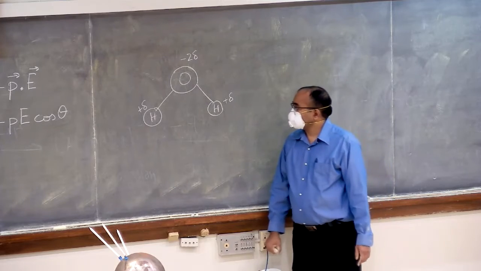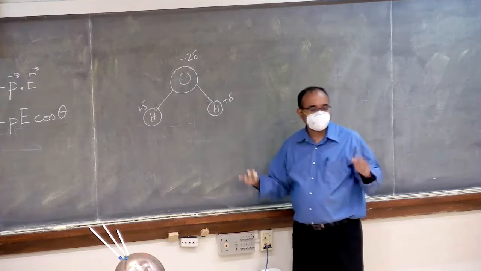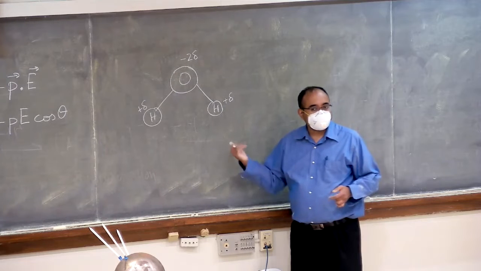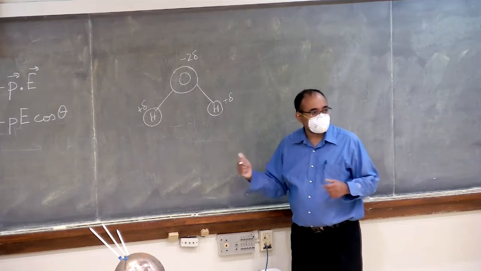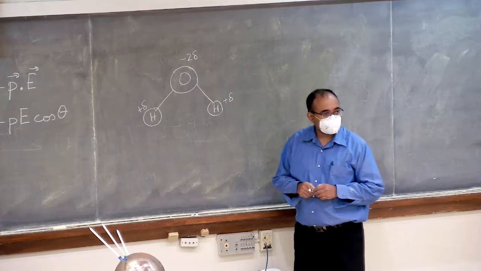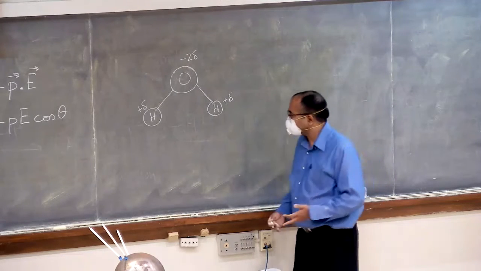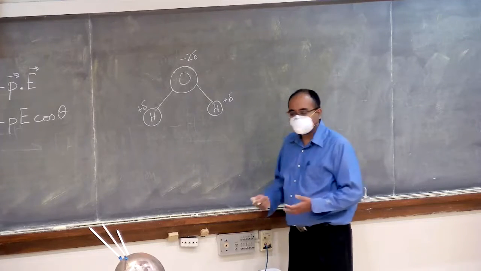Now you might say, wait, this isn't a dipole, right? There are three things, and they're not equal charges exactly. What's going on? Any ideas on how we can treat this? Yes, sir. You combine the vectors. Exactly. This is where the fact that the dipole moment is a vector comes in handy.